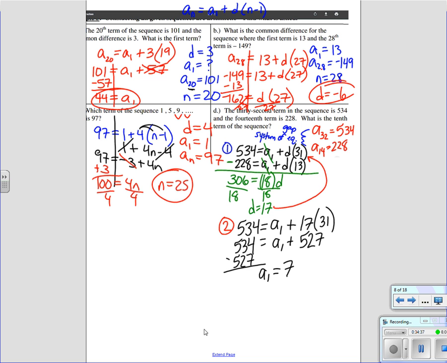So we're still trying to find the 10th term. What am I going to do for that? No. Yeah, but remember, 7 is the first term. Anybody know what I could use to find the 10th term?